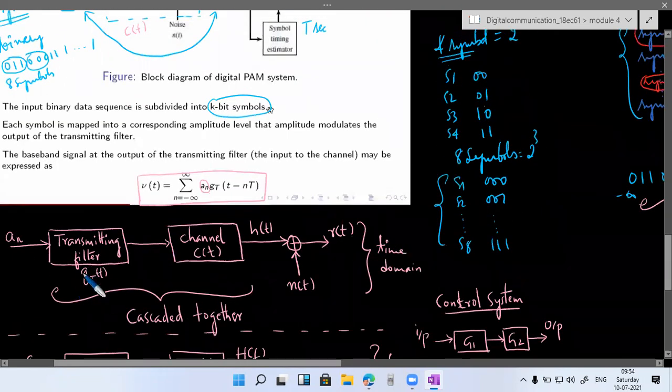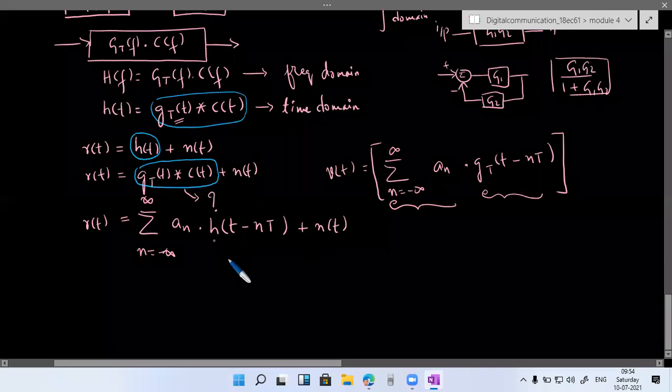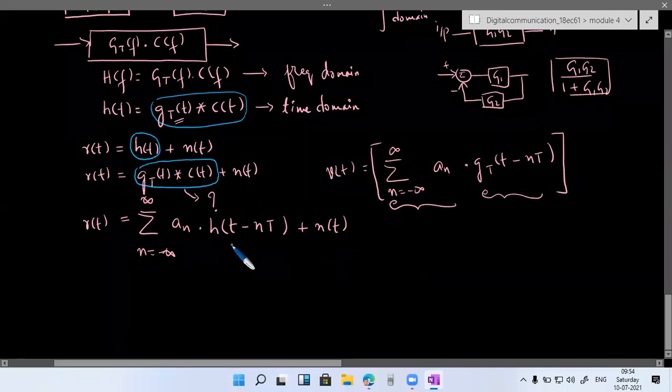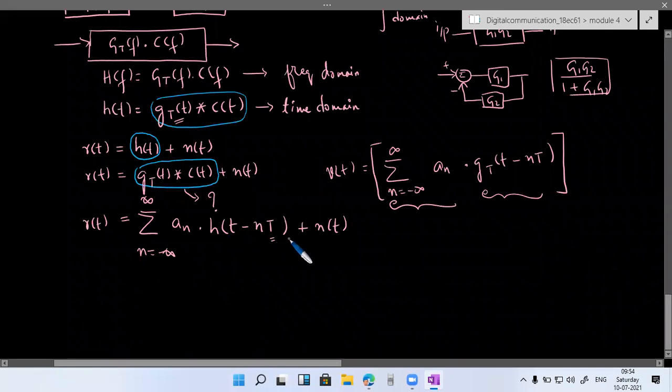Whatever v of t I'm getting over here, when made to pass through this channel, I'll be getting it in terms of h of t. Because of which we have written it this way, so I have replaced this g with h. So this is what our received signal is equal to, such that this T over here represents that we are getting new pulses for every T seconds gap.